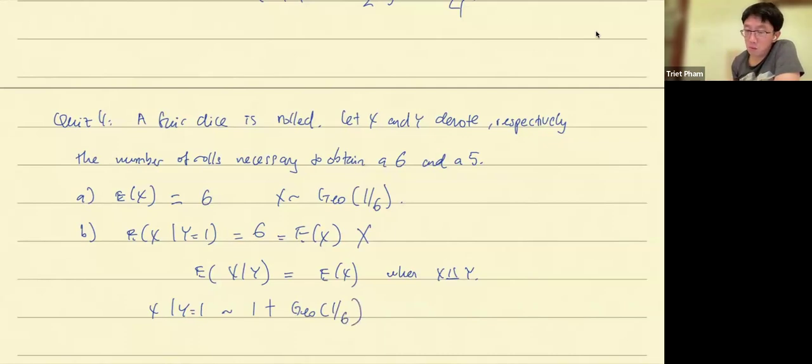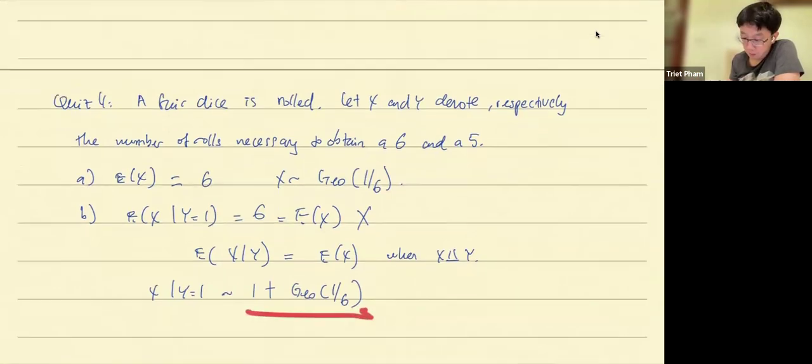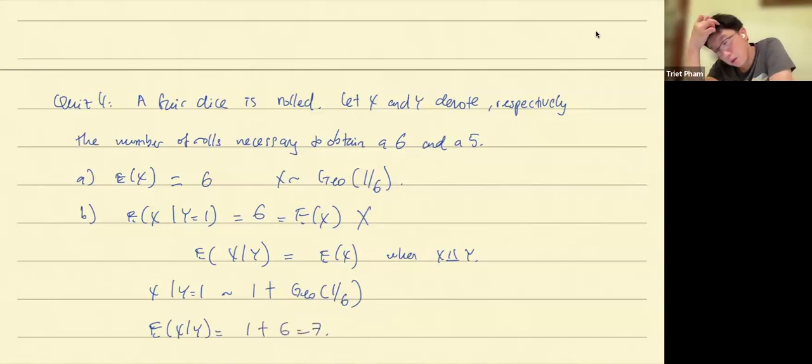Again, the reason is because the first toss is wasted, but then after that, you just look for the first 6. So therefore, it's geometric 1/6. That's it. So then the expectation of X given Y will be 1 plus 6, which is 7.